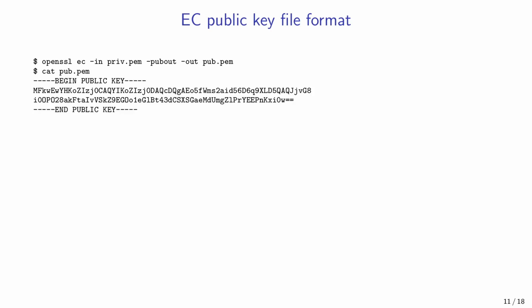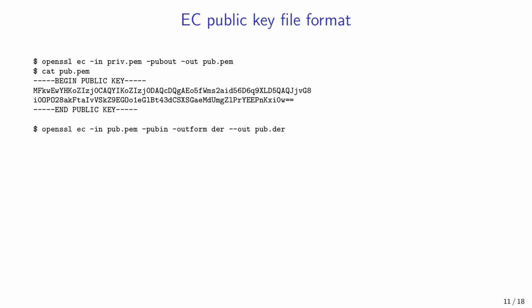The public key file format. We can use this command to generate the public key from the private key. As you should recall, the public key is generated by multiplying the generator point G with the private key integer d. This is how the public key looks in PEM format.